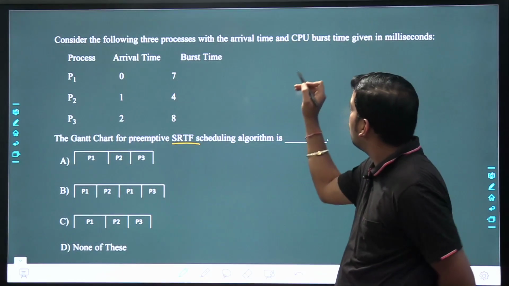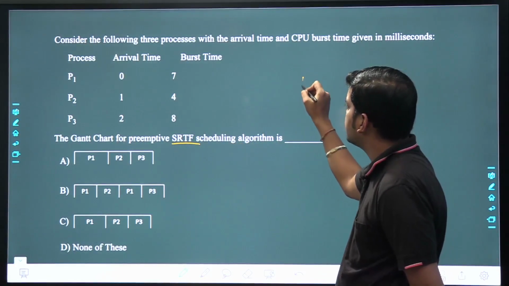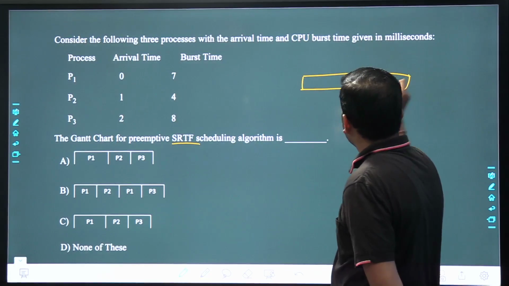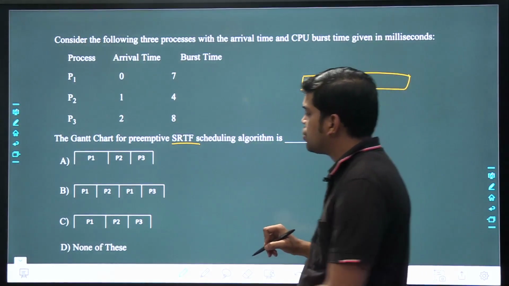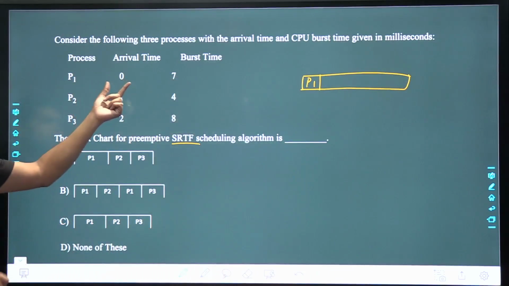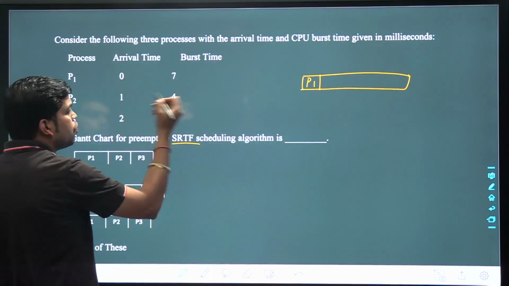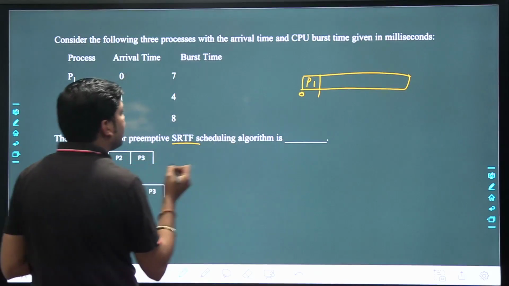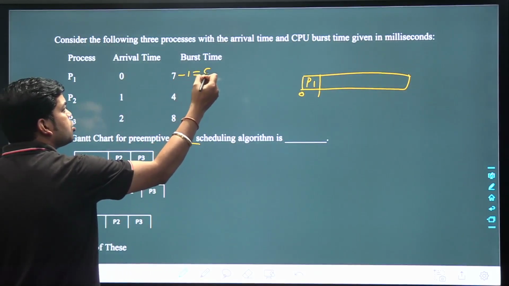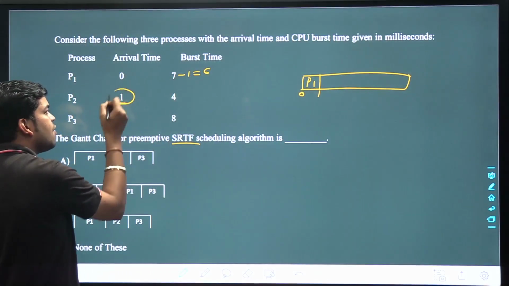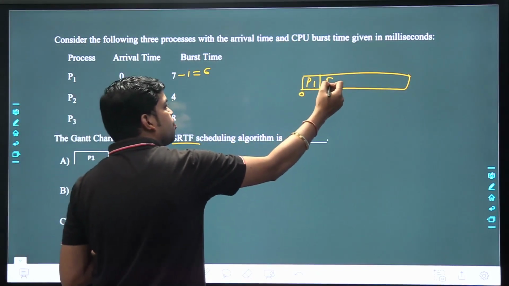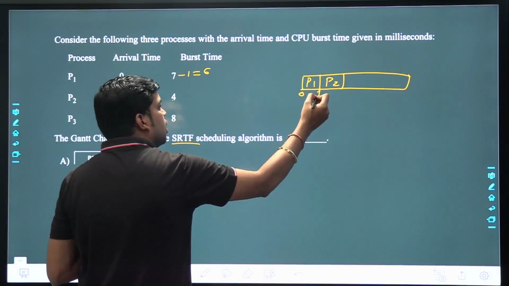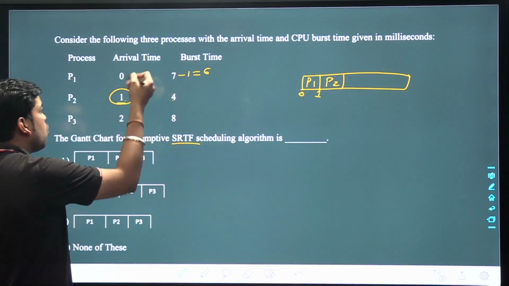So, according to SRTF, first we execute P1 at time 0, definitely, and it executes for 1 unit of time. After that, the remaining burst of P1 is 6, and P2 arrives at 1 with a burst of 4. Definitely it is the minimum, so we need to execute P2 next, since its burst is the minimum out of these 3.